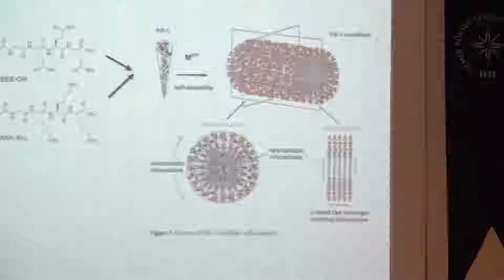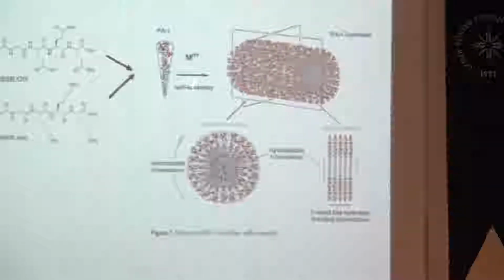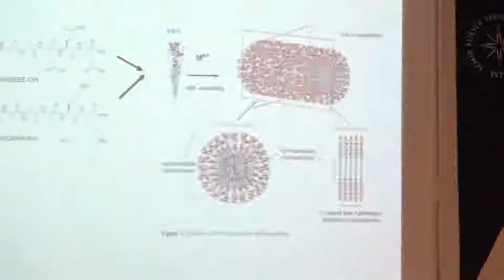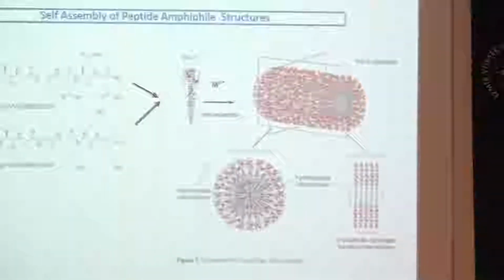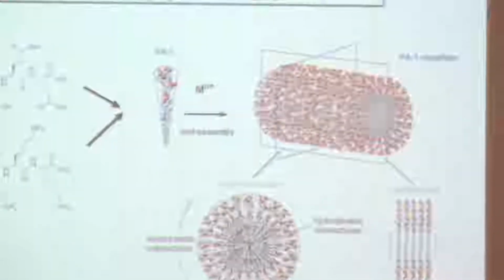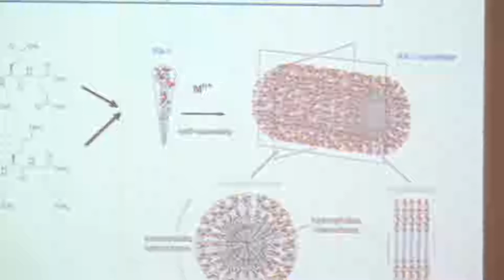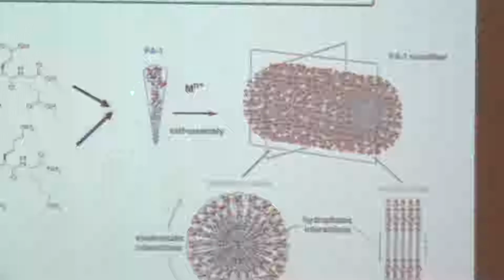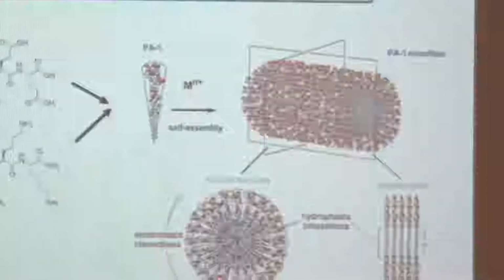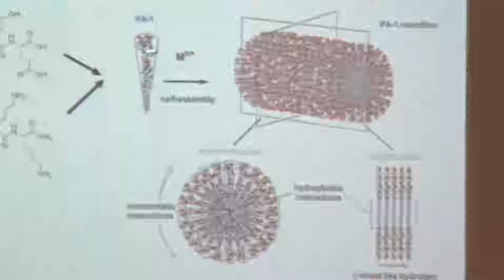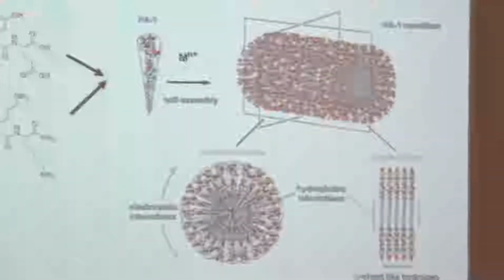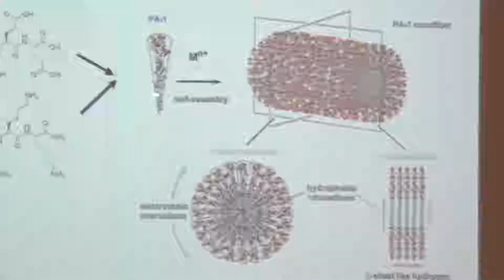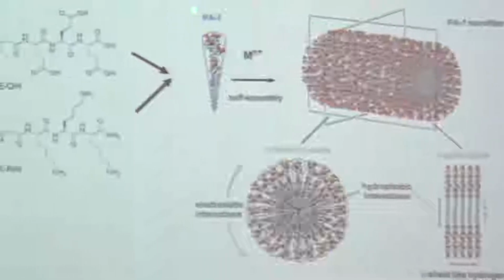So how this works is this. If we make a scheme of this, this is a single molecule, with the hydrophobic part here and the hydrophilic part here. If some multivalent ion is next to this E3 here, then, first of all, the hydrophobic parts are going to be away from the water, and the hydrophilic parts are towards water.